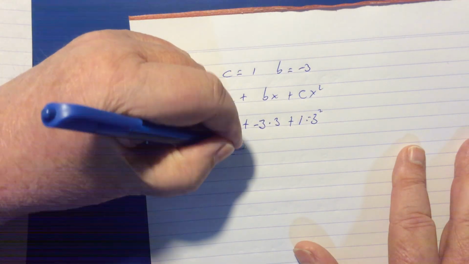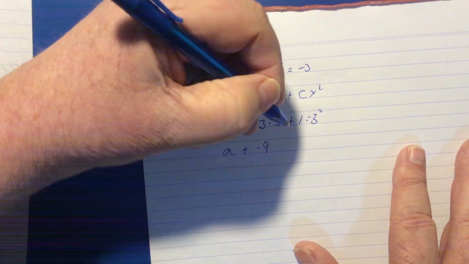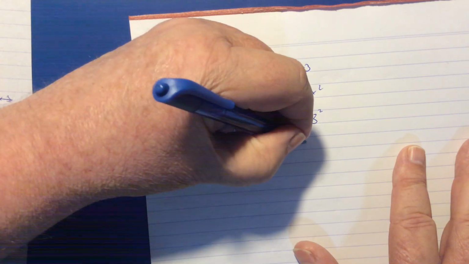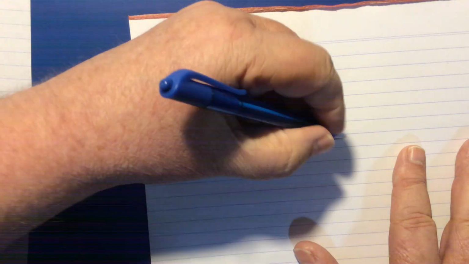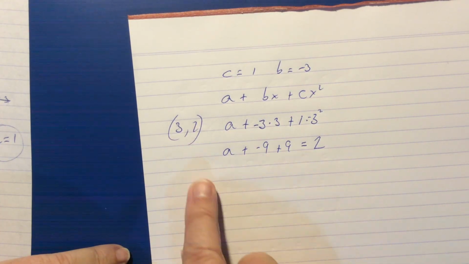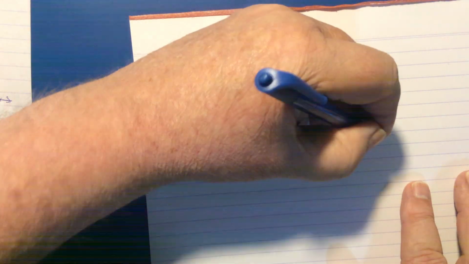That gives us a plus negative 9 plus 9 equals 2. So they cancel. A is equal to 2.